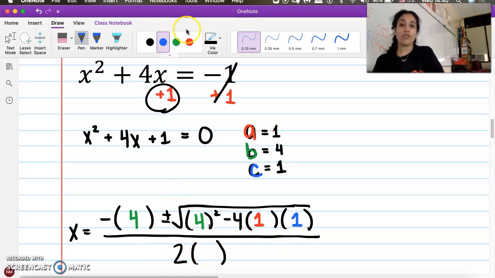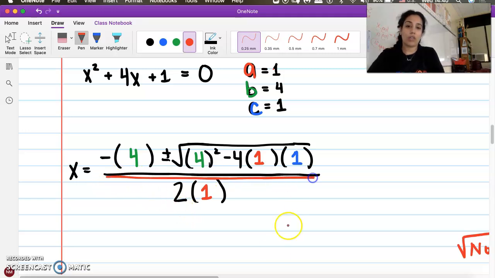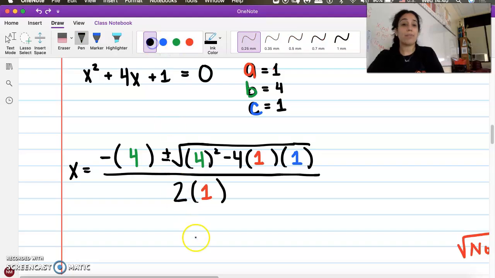All over 2a, 1. Notice how it's all over. It is not just here, right? It is not just here. It is all over 2a.